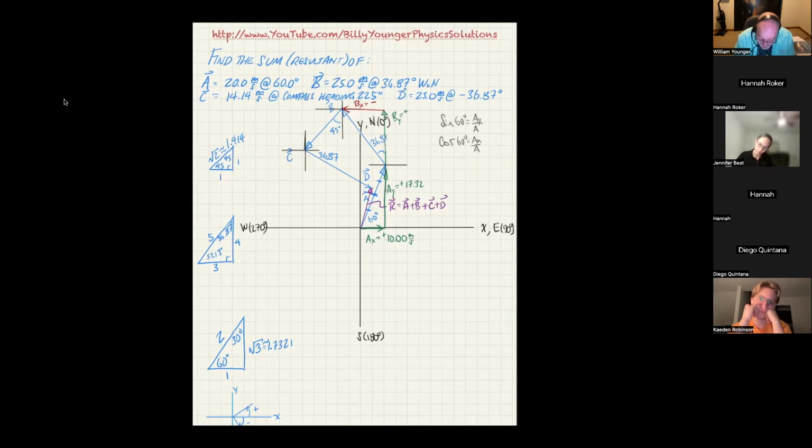So the opposite of 36.87 is the x component. So I'm going to write that as negative 15.00 meters per second. And then the adjacent side to the 36.87 would have been 4, but we have to multiply it by 5. So that's going to be 20.